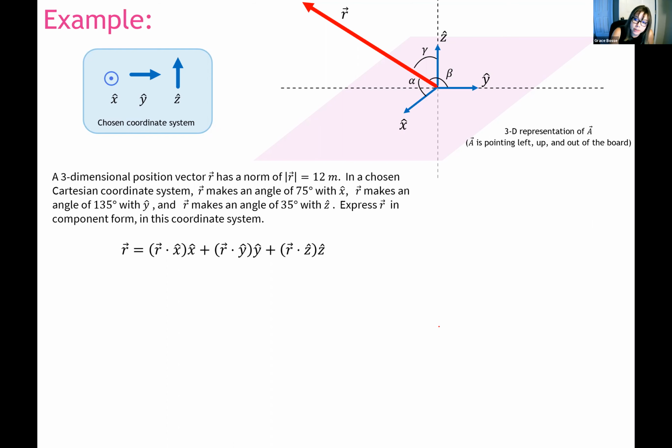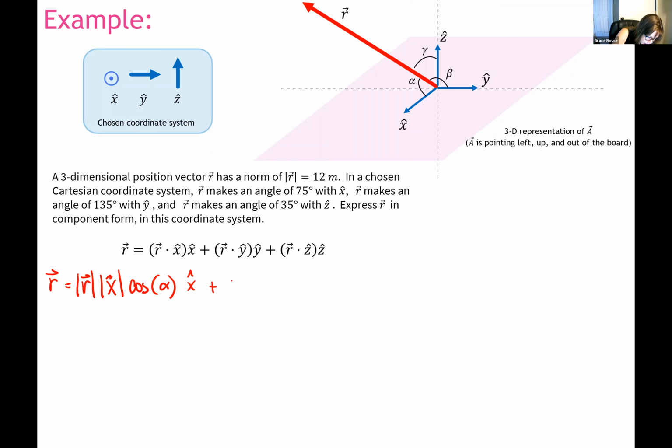All right, so I already wrote down the first generic expression. Let's use our definitions of the dot product in order to get the next one. So I'm going to go through all these steps over again because I want you to see where this stuff is coming from. Definition of the dot product says the norm of the first vector times the norm of the second vector times the cosine of the angle between them, which I am calling alpha.